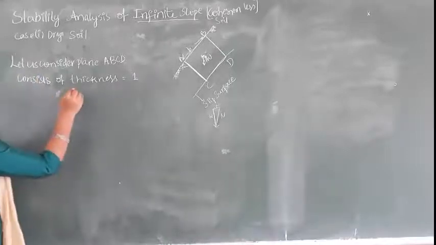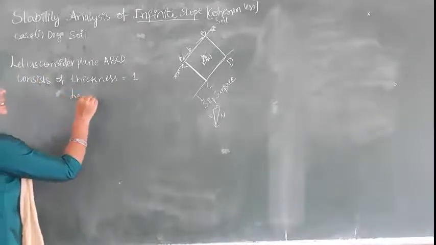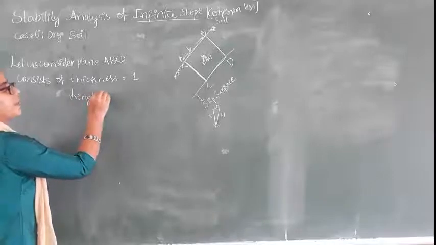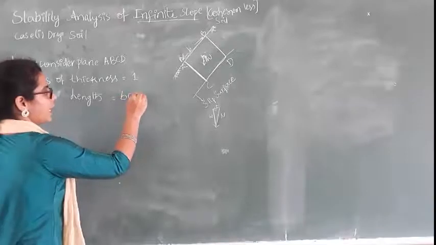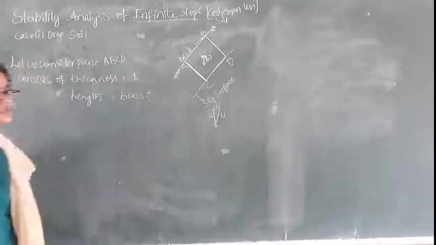What is the length of the plane ABCD? The length is equal to b cos i.